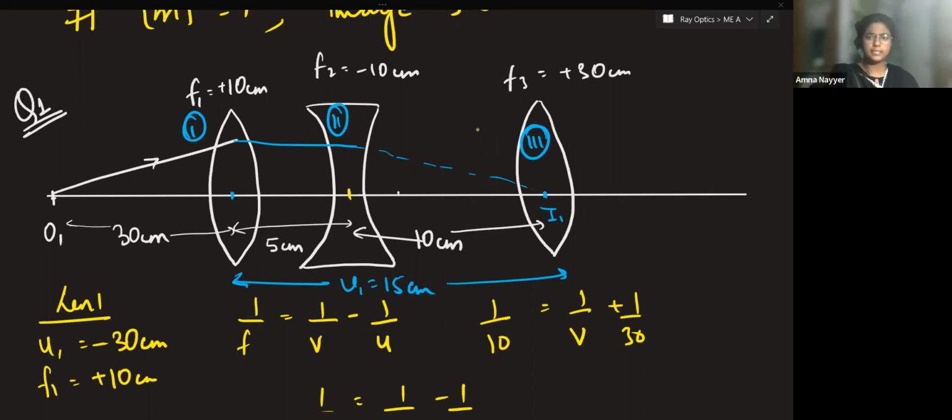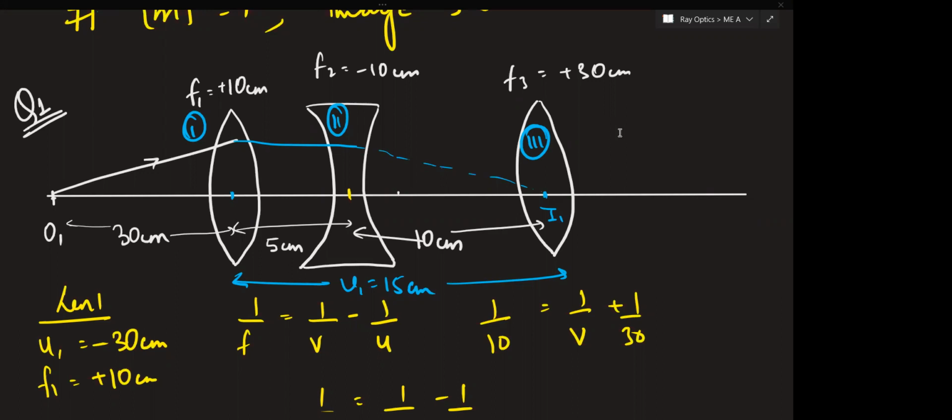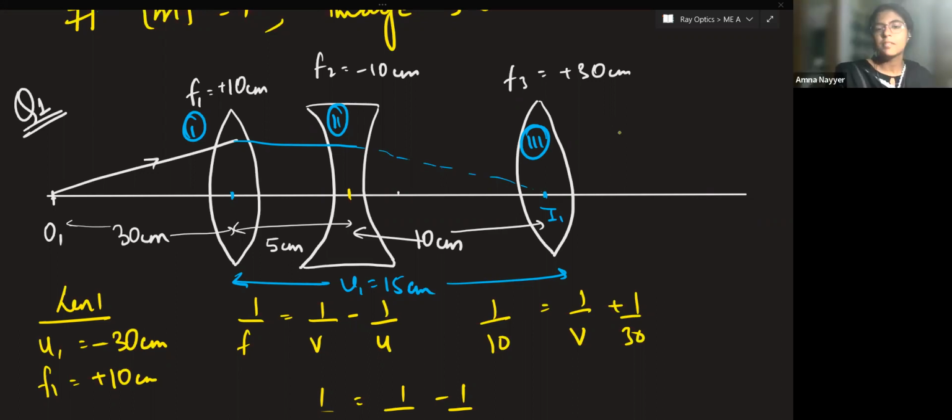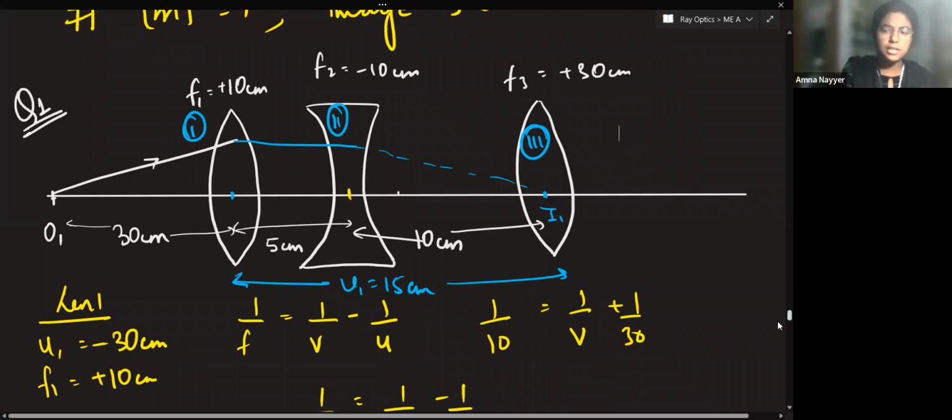So plus or minus? Samira, plus or minus? Minus. No, plus. See, this is your lens. In front of the lens, if you keep your objects towards the left side of the lens, then you write it as negative. But right now it is acting behind. Since it's a virtual object, remember we did in the very first class of ray optics.